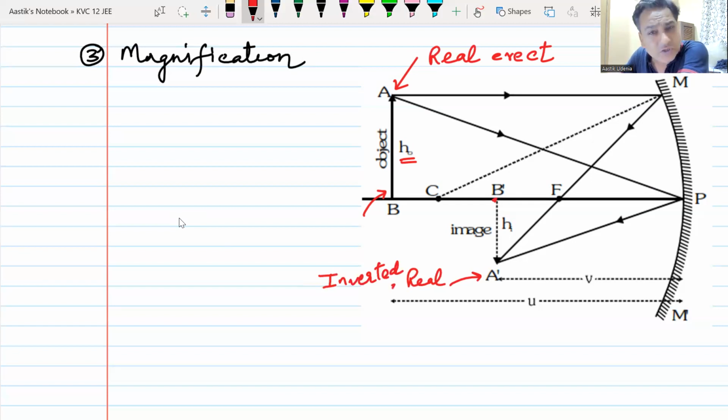What happens with virtual objects? We will see when virtual objects come. Someone asked me in the first class when we were doing plane mirrors, sir, give an example of a virtual object. I avoided that question, not because I don't know the answer, just because I did not want to bring it up at that point in time.